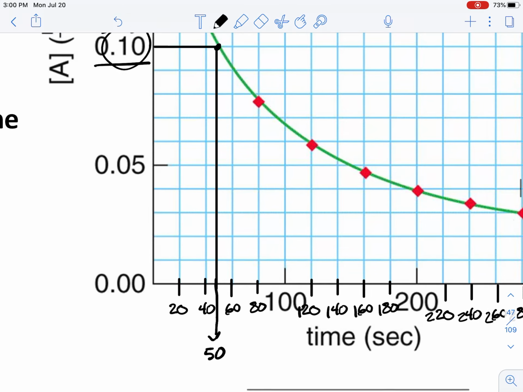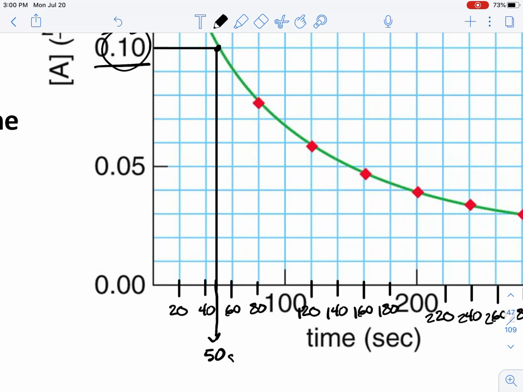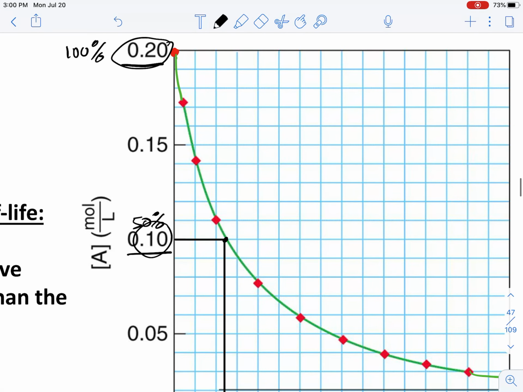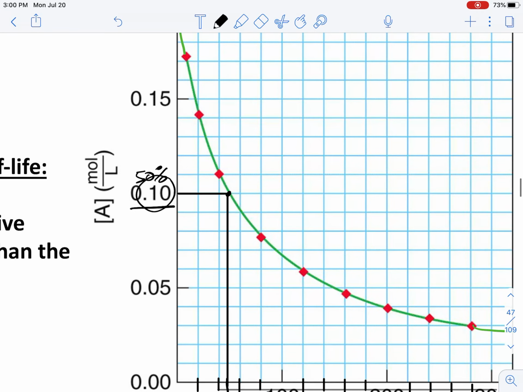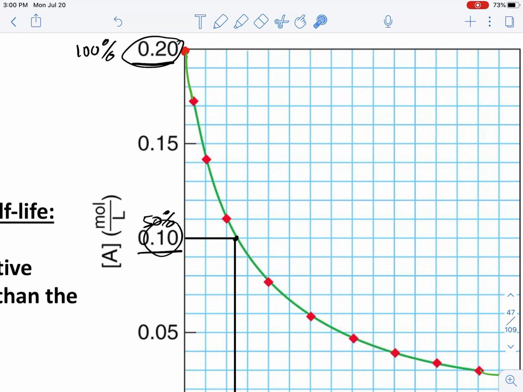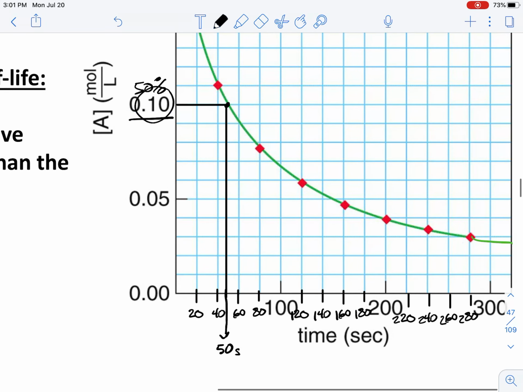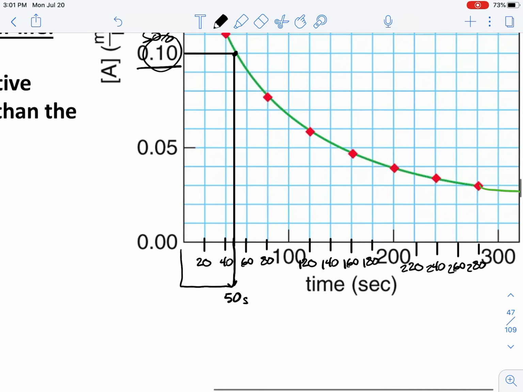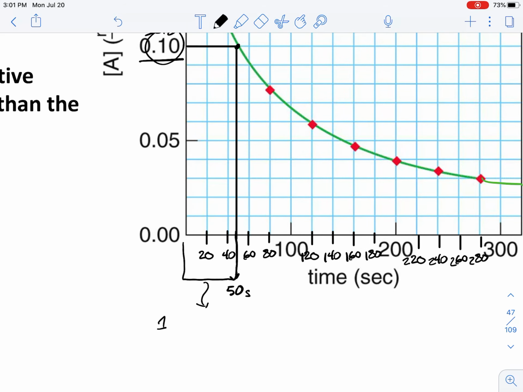So it turns out that it takes 50 seconds for the original concentration to reach half of its value, to go from 0.20 to 0.10. Okay, so I'm going to say that from 0 to 50 is the first half-life, and it took about 50 seconds.